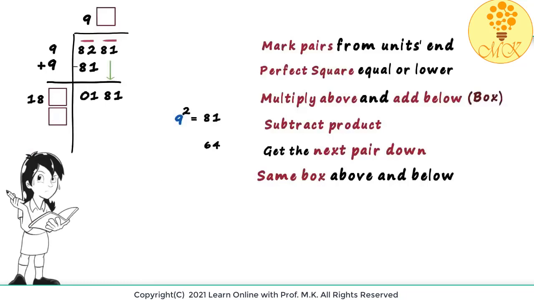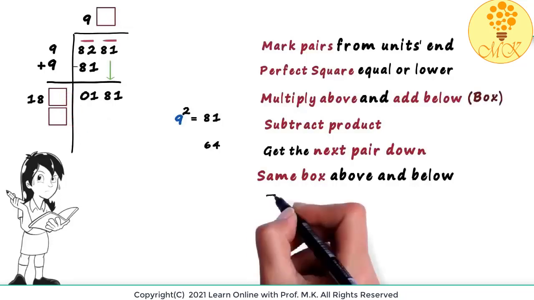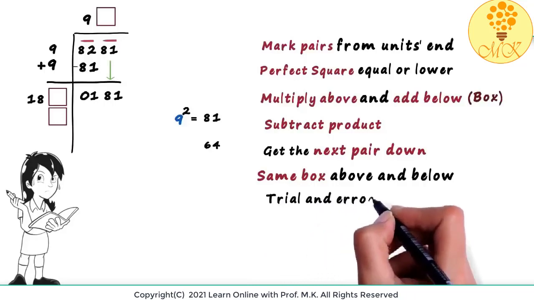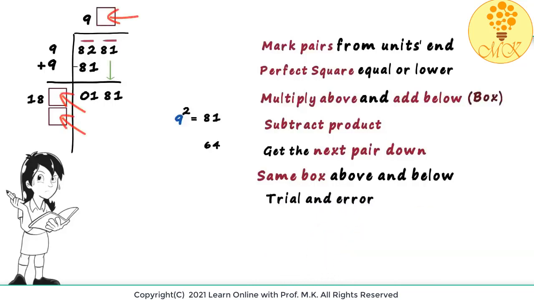The digits contained in each of these boxes are the same. The next step, according to me, is the most interesting step of the long division method. We use trial and error to find the digit in the boxes. We look for the product of 2 numbers, which gives us 181. This is how the product should look.